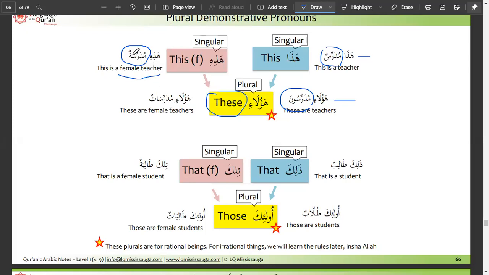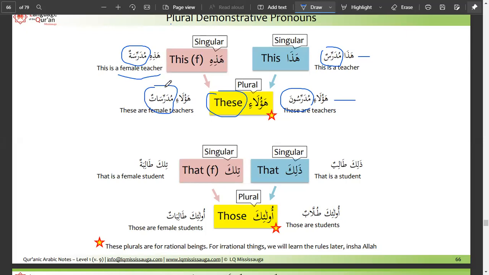So mudarrisatun becomes mudarrisatun, we make it long. Mudarrisatun is plural. For the plural noun, we will use the plural demonstrative pronoun haula'i.